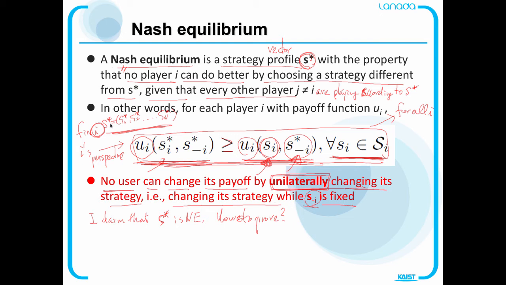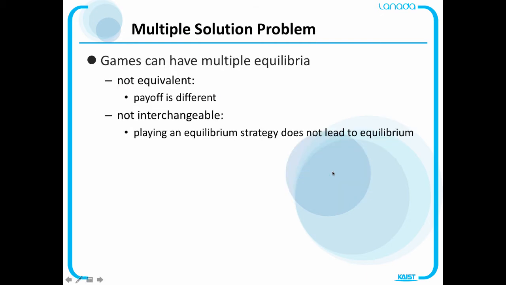So if S star is a Nash equilibrium, I plug in the other players' strategies as they are at the Nash equilibrium, and I unilaterally change only my strategy, and I have to prove that the payoff at the Nash equilibrium is larger than the payoff for any other strategy choice that I can make. That's what we mean by unilaterally. All right? Let's do some practice.